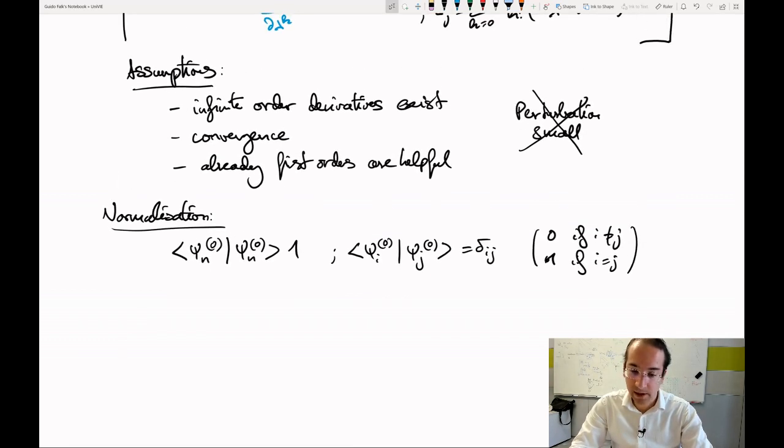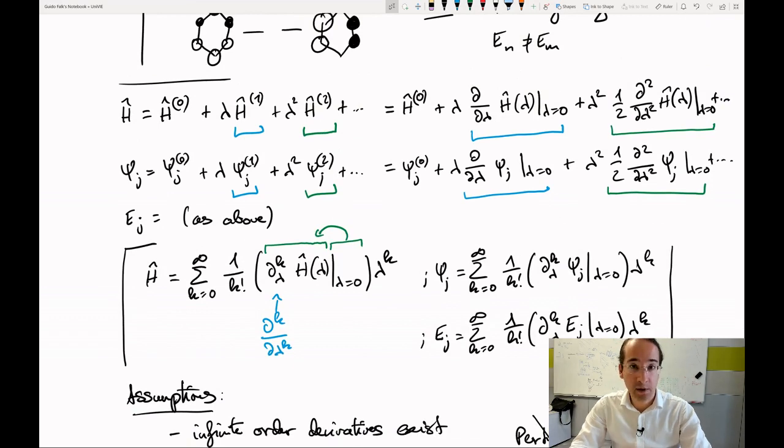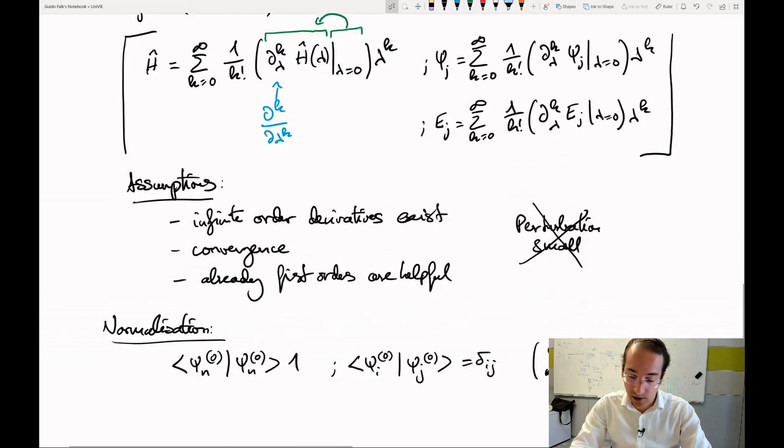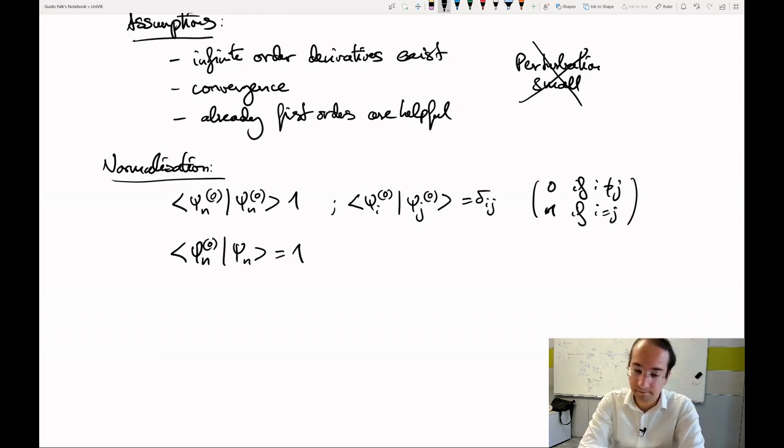Now we will say that our psi n, the result of this Taylor expansion after that infinite order, shall be orthonormalized again. So we say that <psi_n|psi_n> equals 1 again.